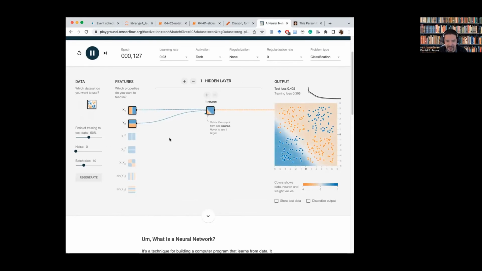I'm cheating. As I showed you before, one neuron is just regression, so it's logistic regression. As you can see, it cannot learn a line that would separate these two classes. It cannot do it because there is no way that a line can split this area from this area. So it needs something else.